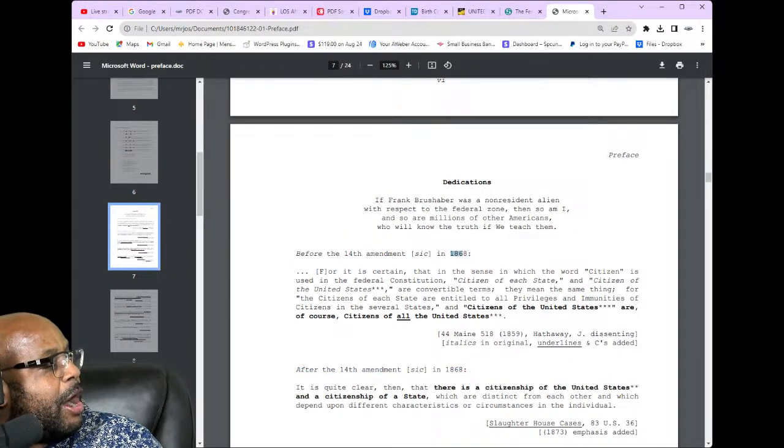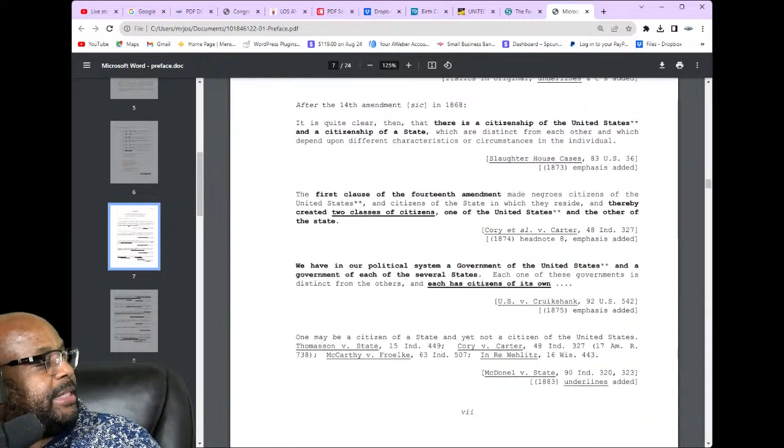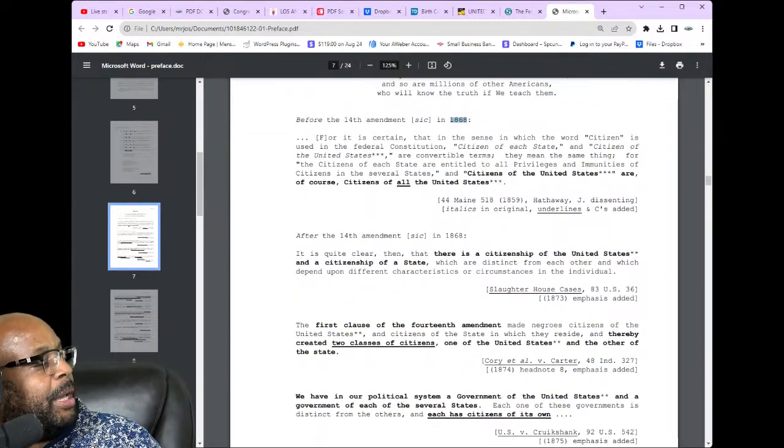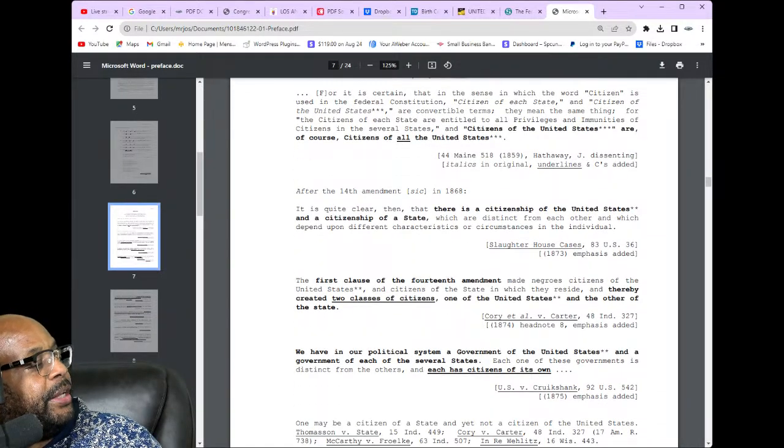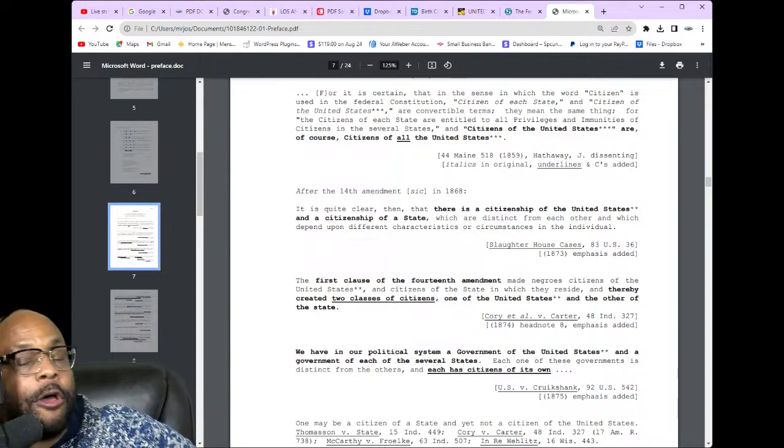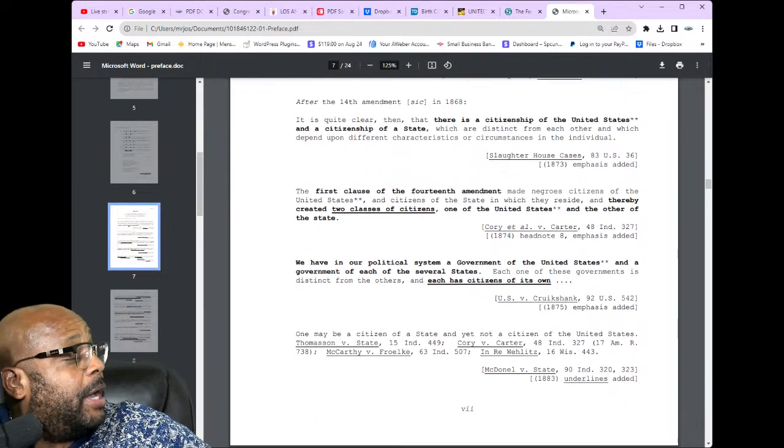Okay, this was prior to, this was 1868. So after the 14th Amendment, it is quite clear then that there is a citizenship of the United States and a citizenship of a state, which are distinct from each other and which depend upon different characteristics or circumstances in the individual. Slaughterhouse cases. That's a very famous case.